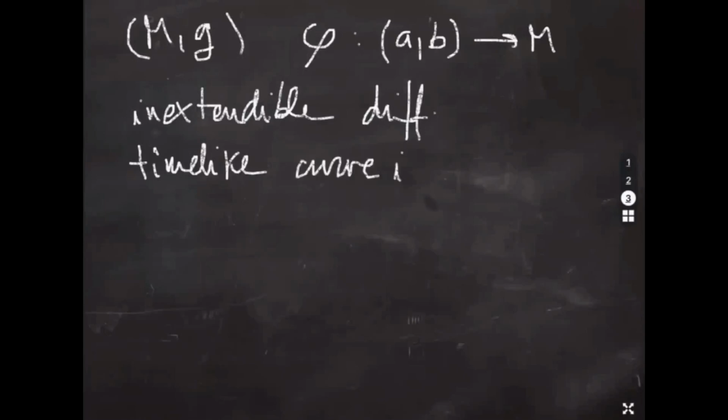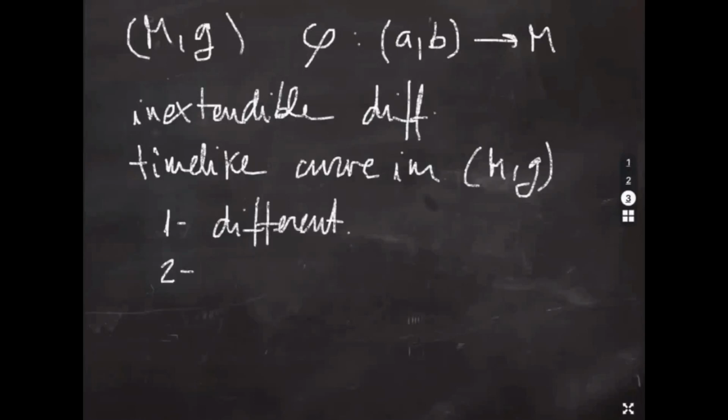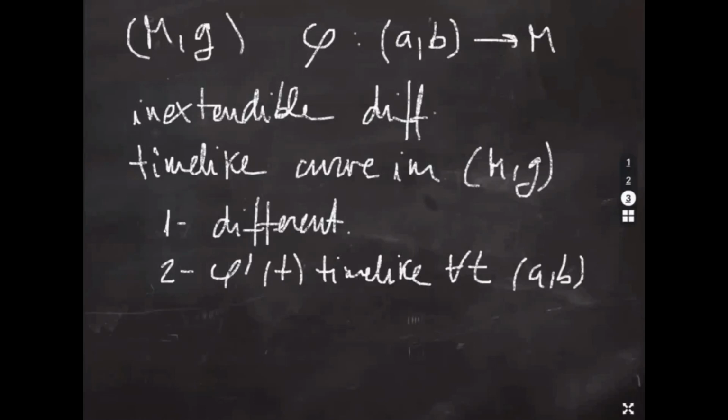in the Lorentzian manifold if 1. It is differentiable. 2. Phi prime of t is time-like for every t in the interval a, b, and 3.